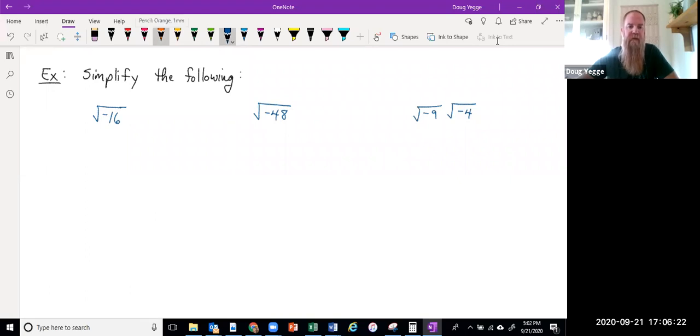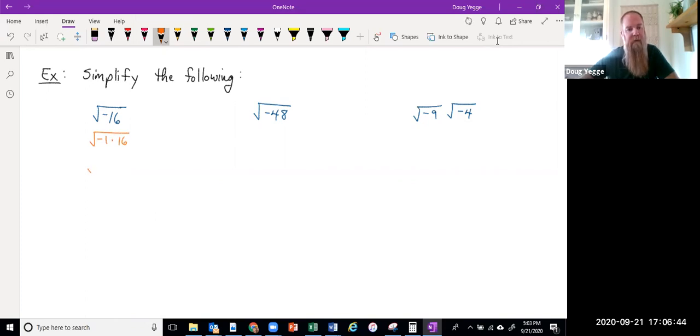When looking at these examples, we should realize that all of these are taking the square roots of negative numbers, which implies that imaginary numbers will be involved in some form or another. So the first thing to recognize here is that this becomes the square root of negative 1 times 16.